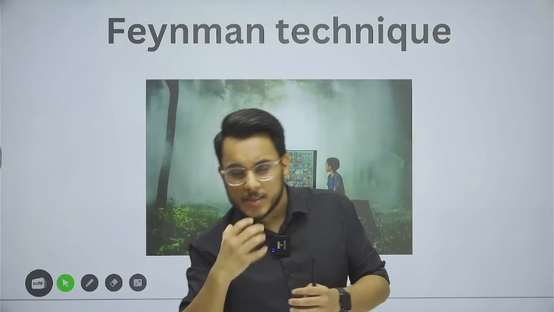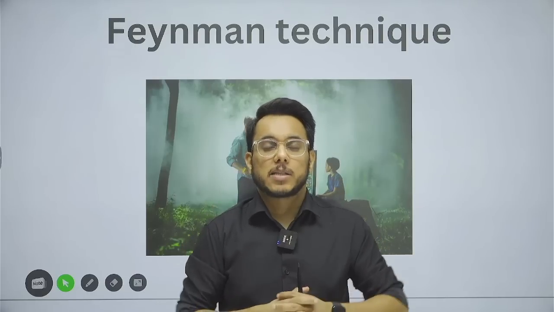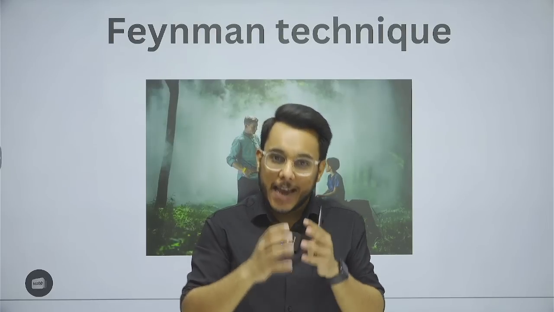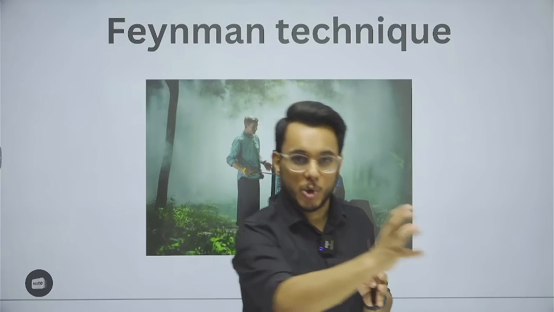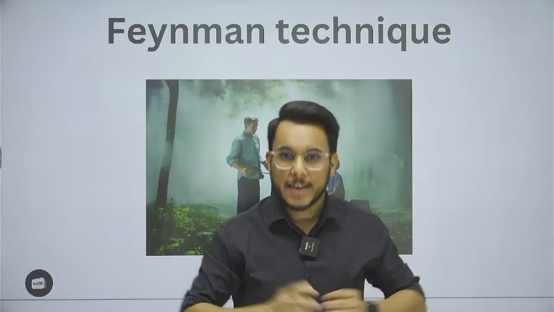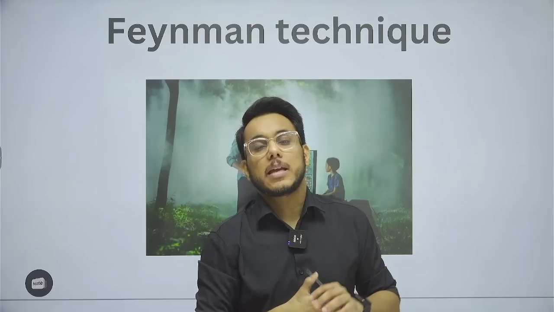If you are able to explain that successfully, it means that you yourself have understood that concept very well. How can you use it? You can explain complicated things to your friends, family members, siblings, or anyone. And once you do that, your understanding will automatically improve.